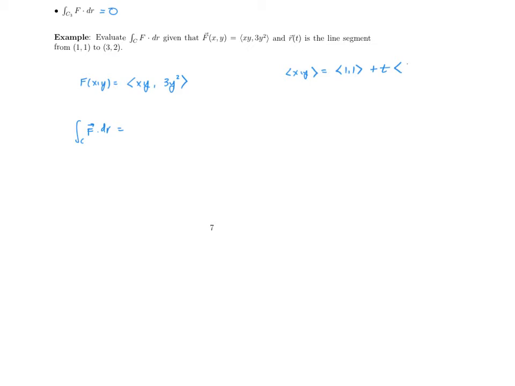Well, you move 2 in the x direction and 1 in the y direction. And equating corresponding coefficients gives us x is equal to 1 plus 2t and y is equal to 1 plus t. And using this method, our parameter value t, varying from 0 to 1, allows you to start at (1, 1) and finish at (3, 2). So this is the desired parametric description.